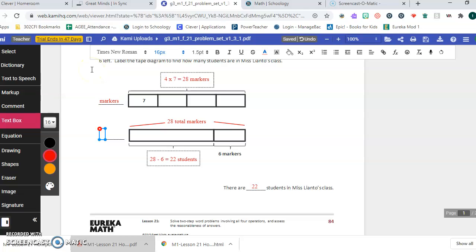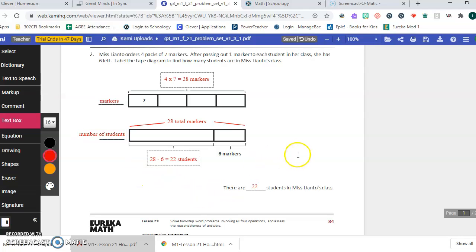You'd be solving for the number of students. So I'll just put number of students, and then I'll fix this here. So you'll use this tape here to find the total number of markers, and here you're using this tape diagram to find the number of students.